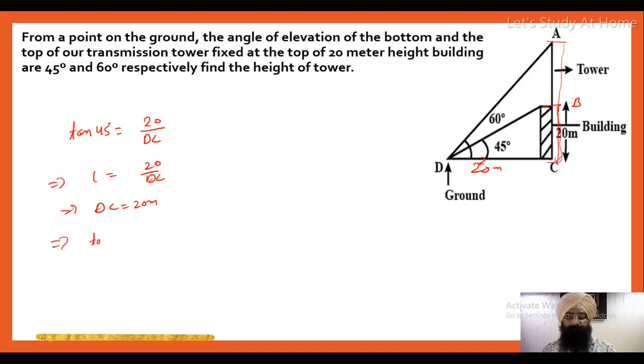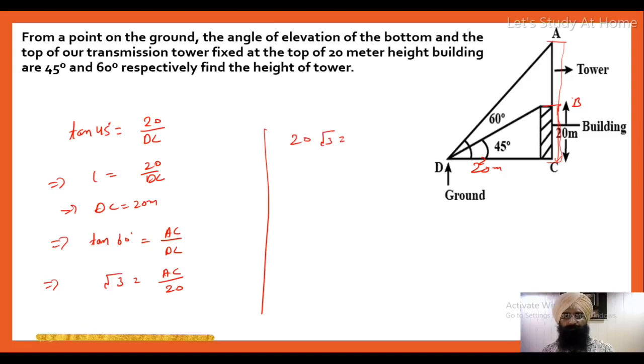Tan 60 degree is equal to AC over DC. This implies under root 3 is equal to AC over DC, and DC is 20 meter. So 20 under root 3 is equal to AC. AC we can split into two parts, means AB plus BC.